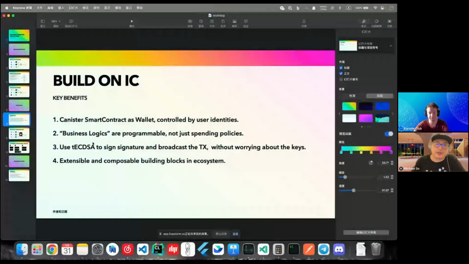And business logic is programmable. For example, you can code spending policies, or you can code how many people with different roles, and different spending limits, and which people will have the power to initiate the transaction, and which people will have the power to authorize the transaction.